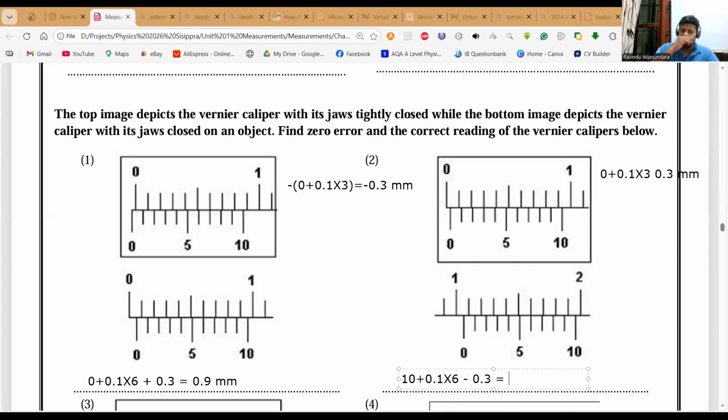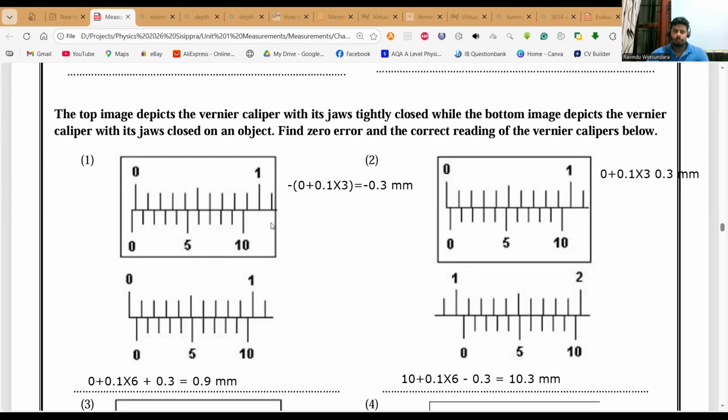So you get 10 plus 0.6 minus 0.3, that will be 10.3 millimeters. So these are the final corrected readings. I hope this is clear to you.